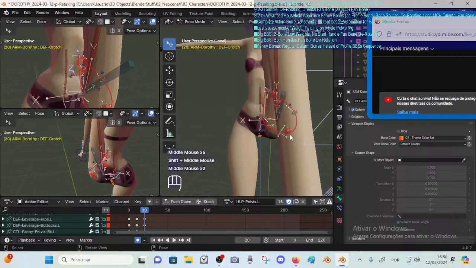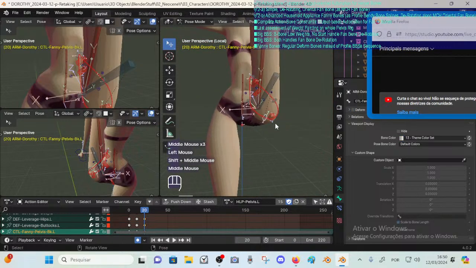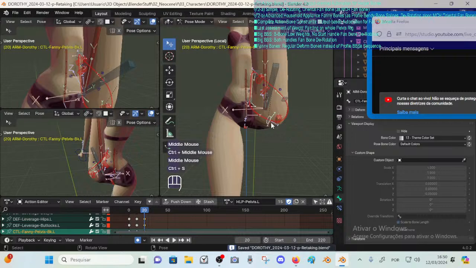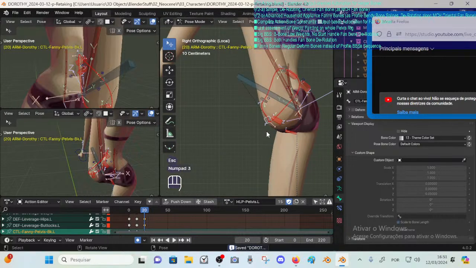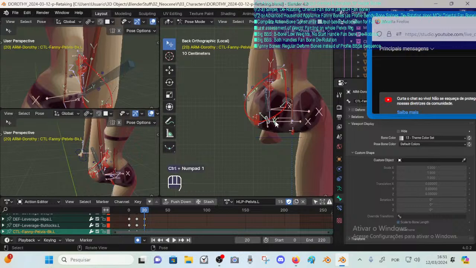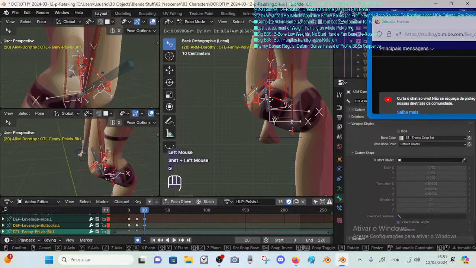So the only thing here for this pose that I must be careful about is that it makes sense that the buttocks get up here.